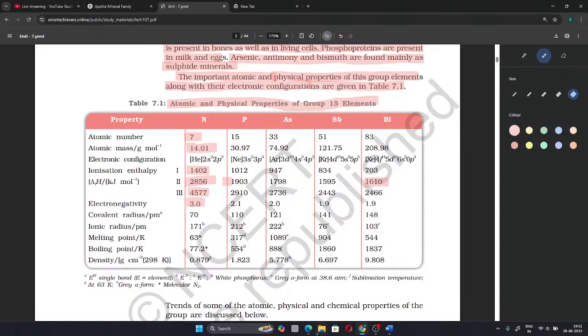And as for the boiling point, it keeps increasing as we go down the group, with antimony and bismuth having approximately the same melting point and boiling point. The only difference we see is in the melting point, where arsenic has the highest melting point.